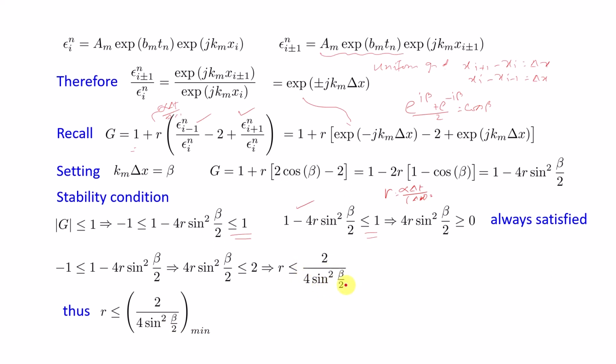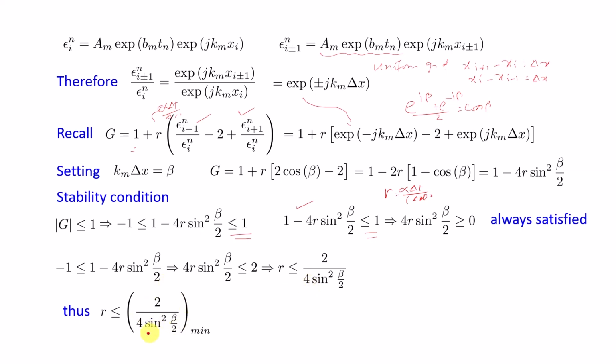I don't know beta, so what I have to do is see for what kind of situation this value will get its minimum. If r is less than that minimum, then r will always be less than this particular function of beta, that is 2 by 4 sine square beta by 2. And then if r is less than this, my scheme will be stable.